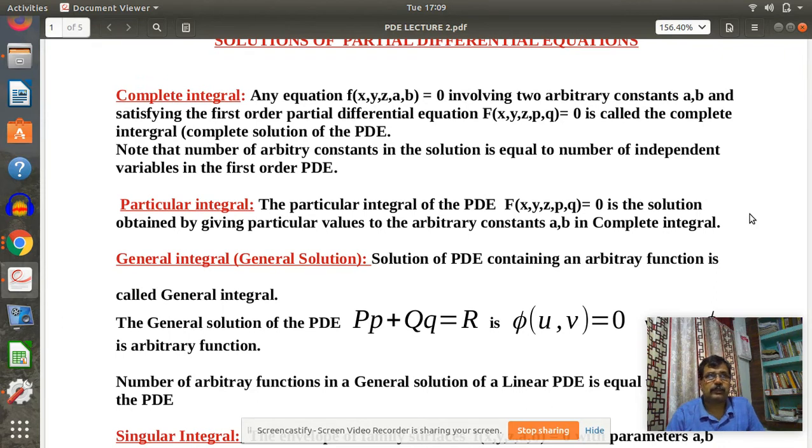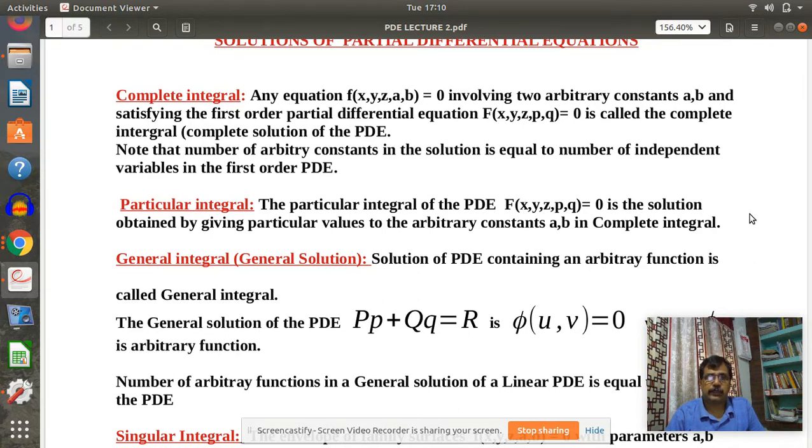In the case of ordinary differential equation, the solution represents a system of curves, whereas the solution of a partial differential equation geometrically represents a system of surfaces. Okay, so first we go through the term complete integral.